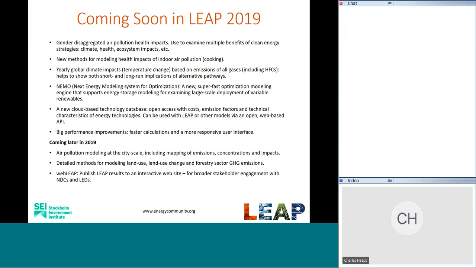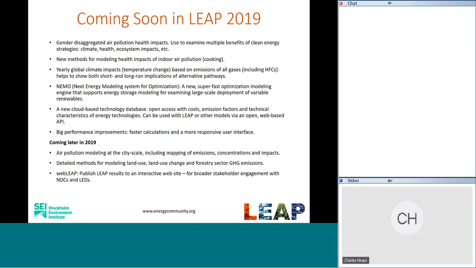And then coming a little bit later in 2019, we're also working on a few other things. This will probably be mid to late 2019. We're developing a new version of the air pollution modeling in LEAP that will work at the city scale. So you'll be able to look at impacts disaggregated down to a much finer geographic scale.